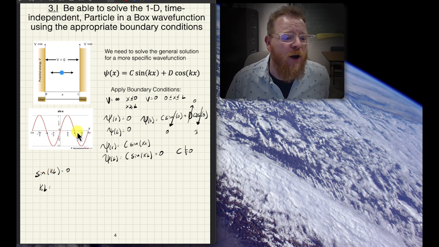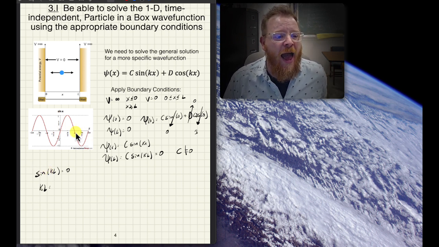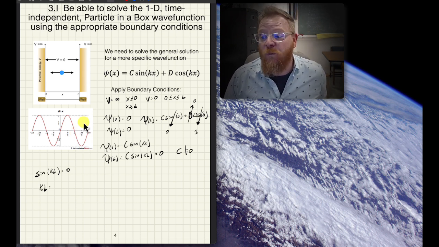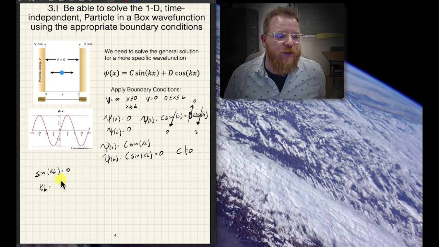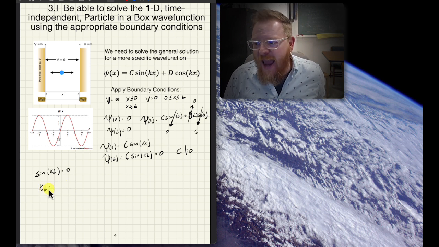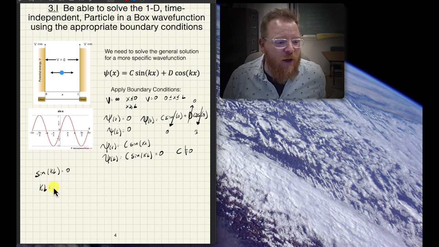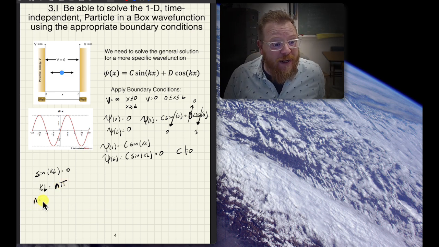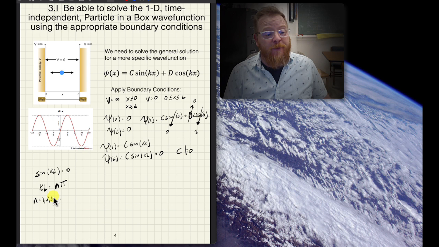What we might notice here is at integers of pi, our sine function will, in fact, equal 0. So we will say then that KL must equal n times pi, where n is going to be an integer: 1, 2, 3, 4, 5, 6, etc., right?